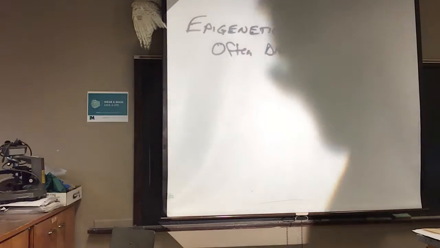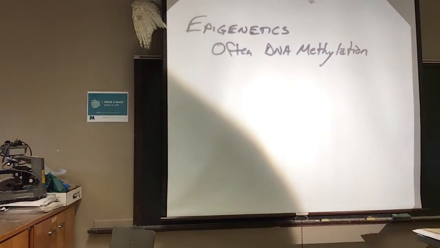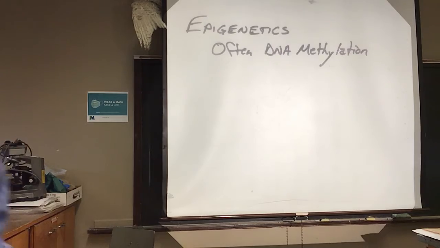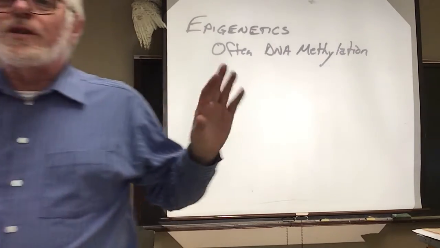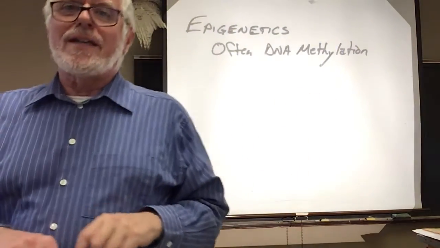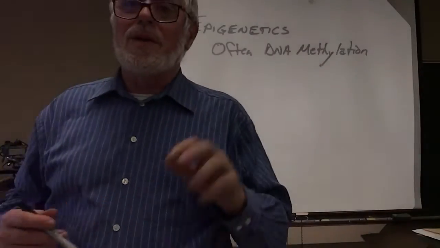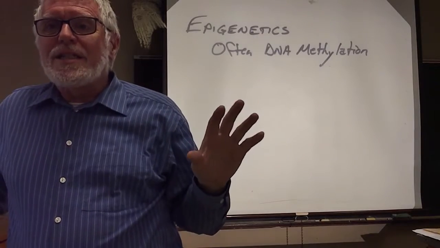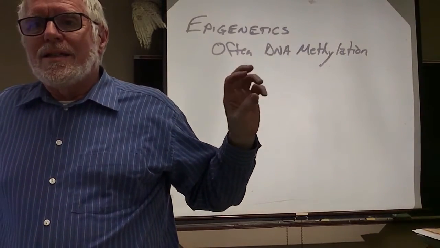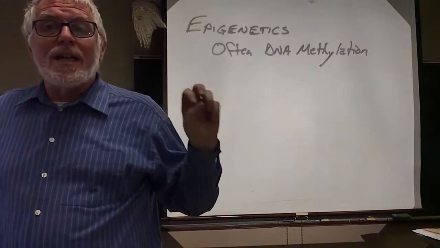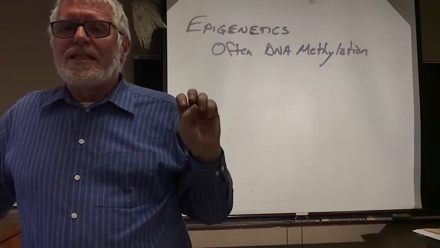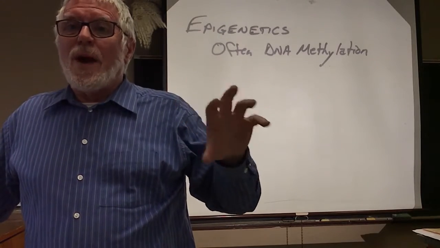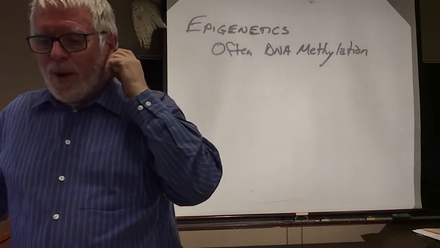A lot of times what you've got is the attachment of a methyl group, not usually in the gene itself, but to the promoters, the recognition molecules that you need to get to in order to get to the gene. Very typically methylation of cytosine, so it does actually attach to the DNA, but it doesn't change the sequence. It just makes recognition not work. You can't recognize the sequence if there's a methyl group in the way.